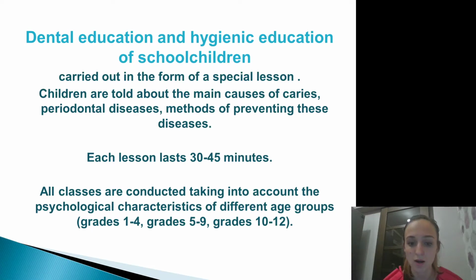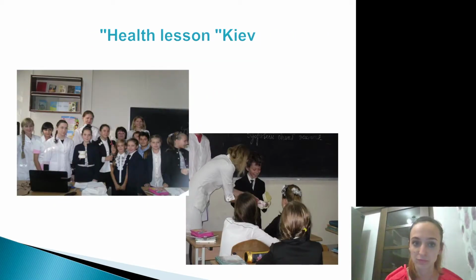All classes are conducted taking into account the psychological characteristics of different age groups: grades 1 to 4, grades 5 to 9, and grades 10 to 12. It is an example of a health lesson in a school in Kiev.